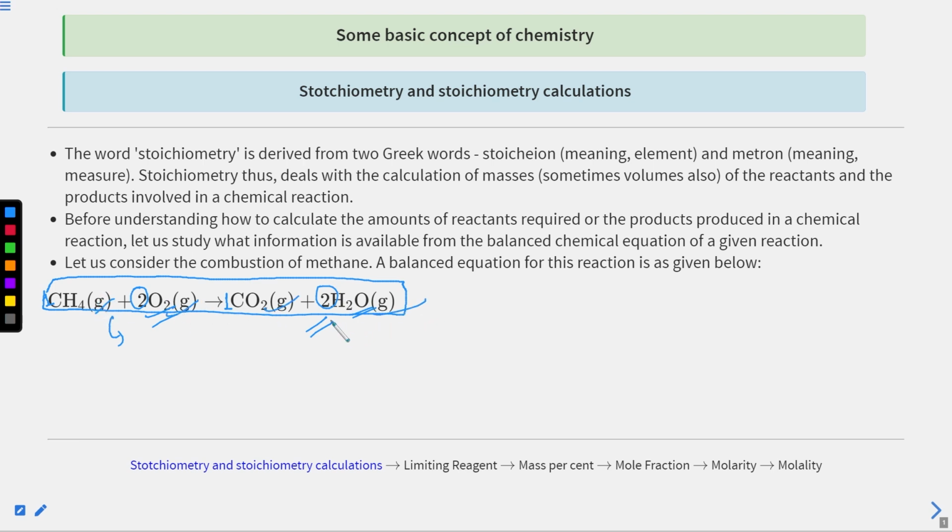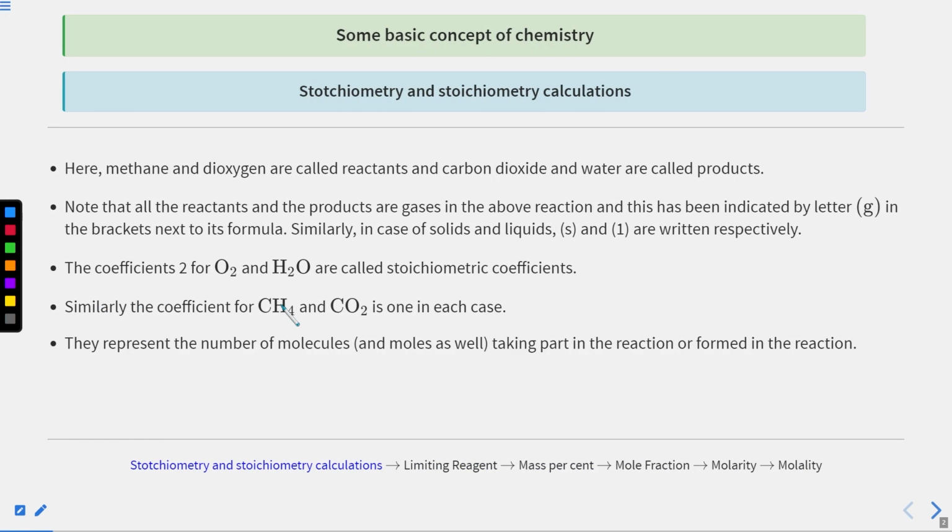So all of these have G. What is the meaning of this G? It means they are in the gaseous state, whereas the coefficient for O2 is 2 and for H2O is 2, and for methane and carbon dioxide the coefficient is 1.